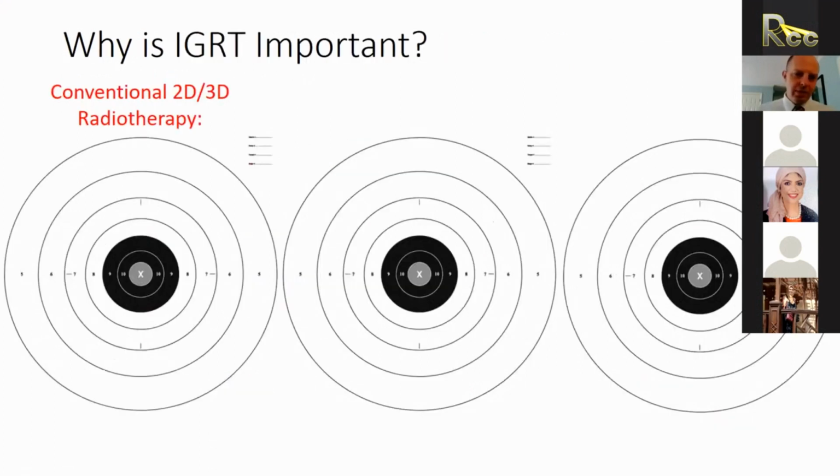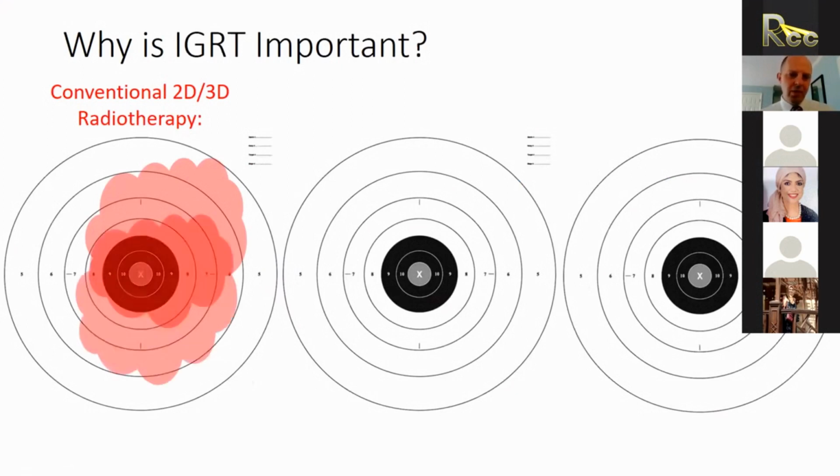So for instance, if we take the target again, different fractions from a conventional 2D, 3D radiotherapy may vary in location. But because it's not going to be the most conformal of treatments, a lot of those details about exactly where it's lining up aren't as important, because there's going to be areas outside of the volume that account for that uncertainty.